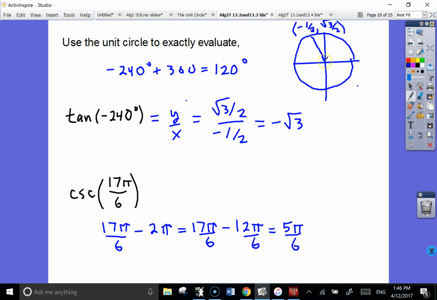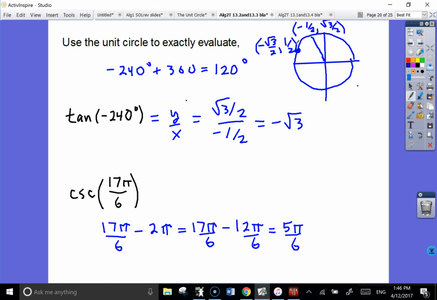And 5 pi over 6 is just 1 pi over 6 less than pi. That's right here. The coordinates of that point are negative square root of 3 over 2 and positive 1/2.